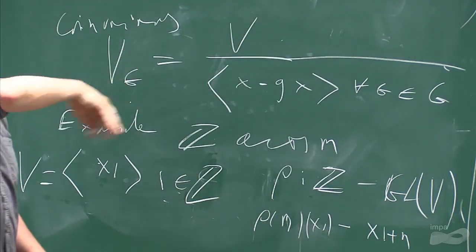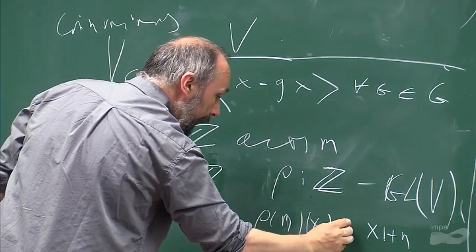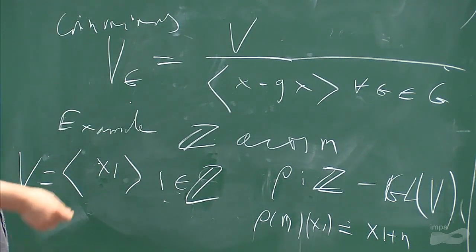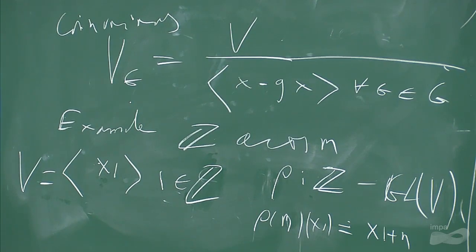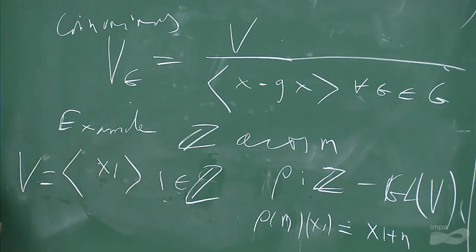It's a shift, shifting your basis back and forth. Am I clear? So you have an infinite dimensional space with the basis numbered by integers, and you have shifts.